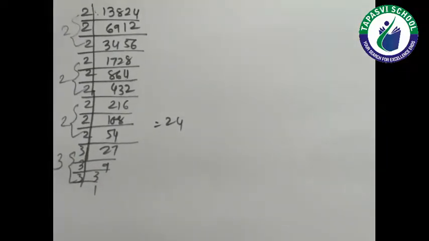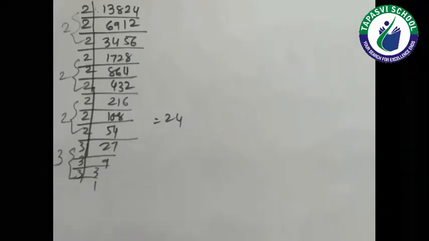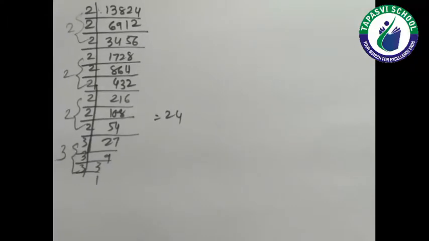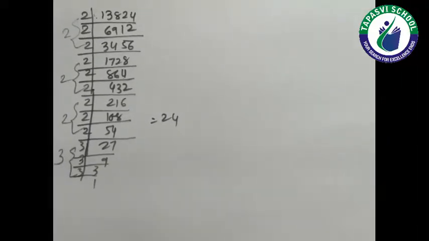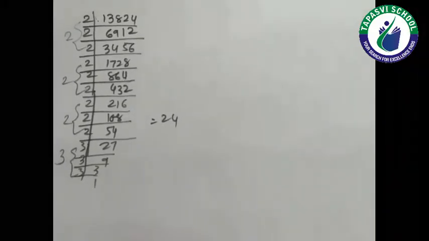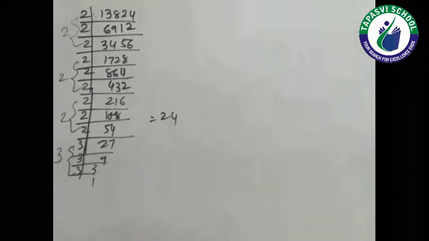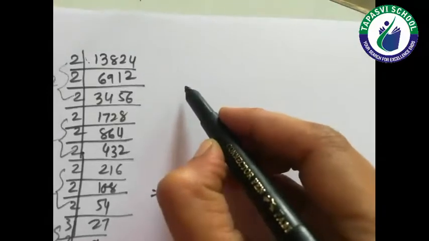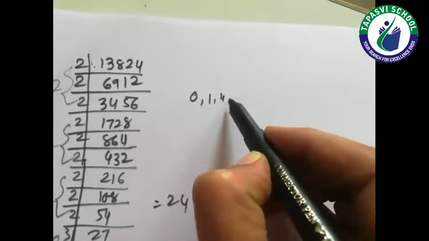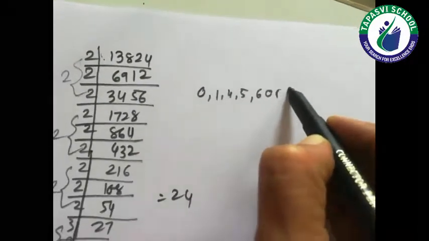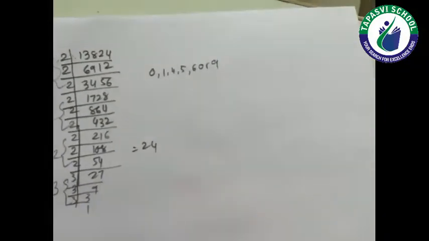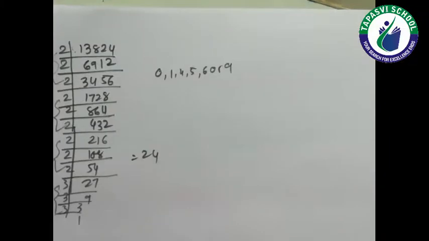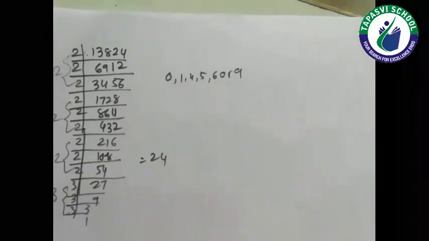If the digit in the ones place of a number is 0, 1, 4, 5, 6 or 9, then the digit in the ones place of its cube also will be the same digit. Okay, if I have a number and its last digit is 0, 1, 4, 5, 6 or 9, and if I make its cube, the last digit of that number also will be the same.